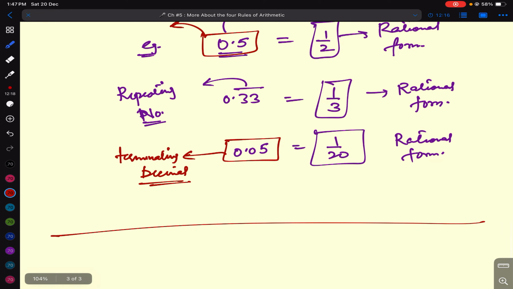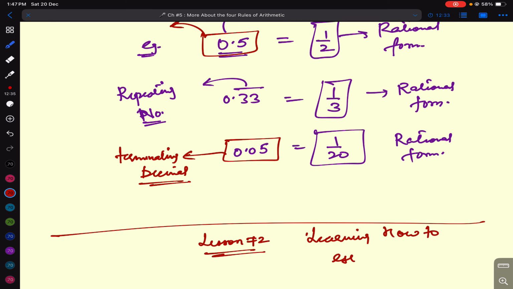Now let's start with lesson number 2, which is next. Lesson number 2 is learning how to estimate calculations.